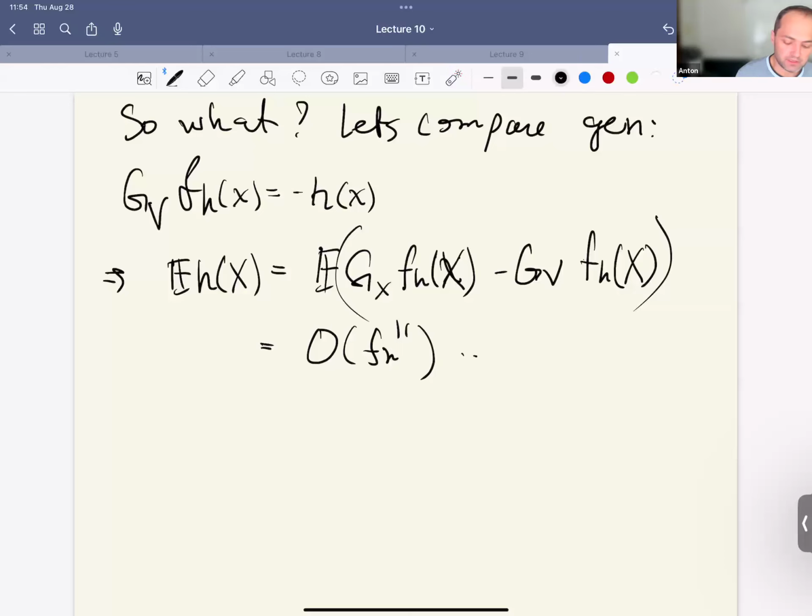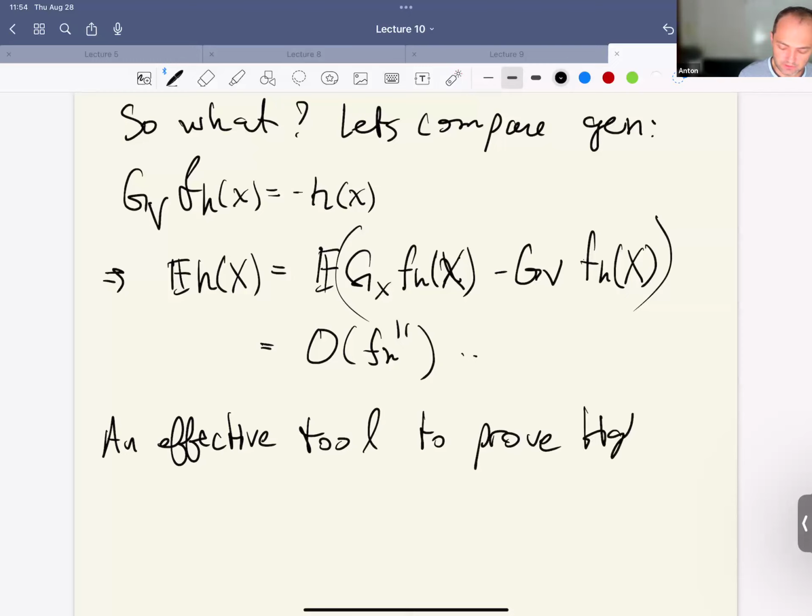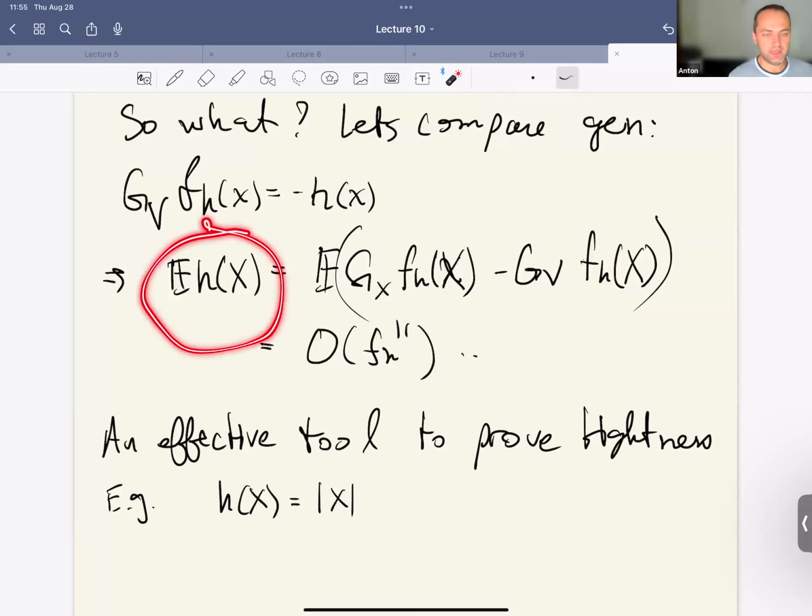And the answer is this is an effective tool to prove tightness of, let's say, a family of Markov chains. For example, we take h of x to be the absolute value of x. And so this is the expected value of absolute x.